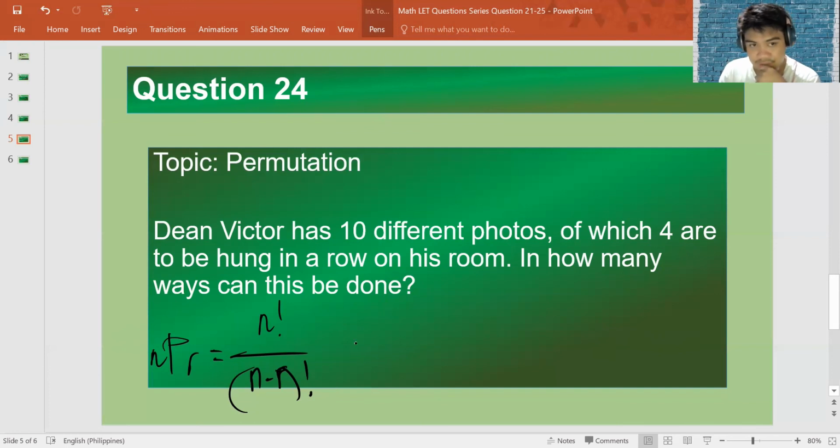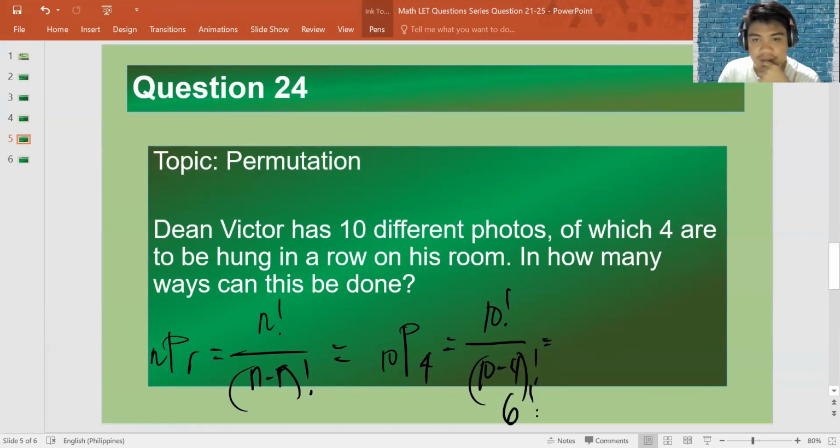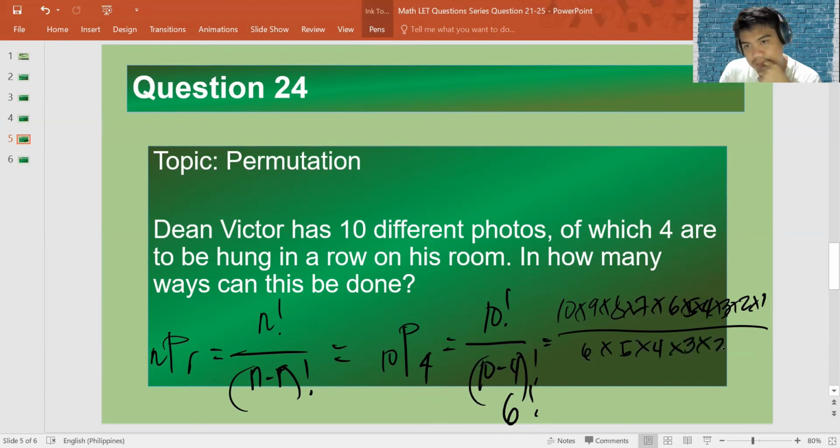So we have n is 10, permutation, ilan yun? 4 is equal to 10 factorial over 10 minus 4 factorial. So this is 6 factorial. So you have 10 times 9 times 8 times 7 times 6 times 5 times 4 times 3 times 2 times 1 over 6 times 5 times 4 times 3 times 2 times 1.